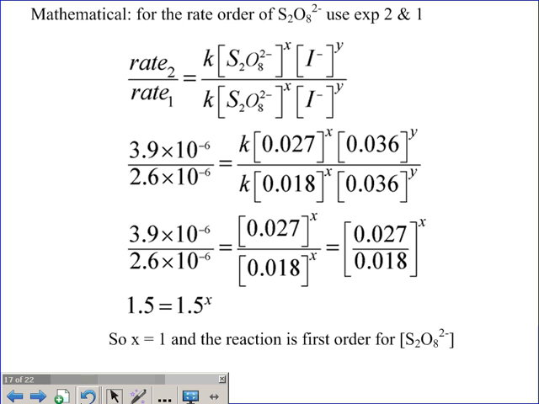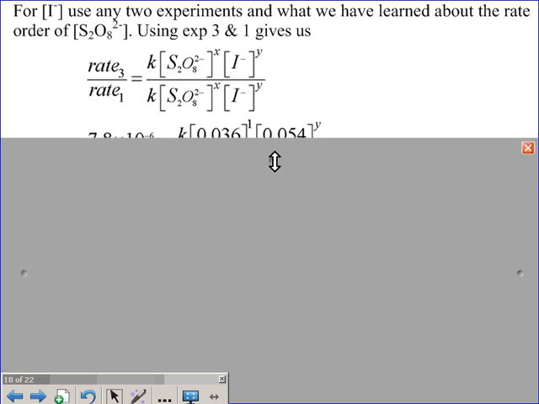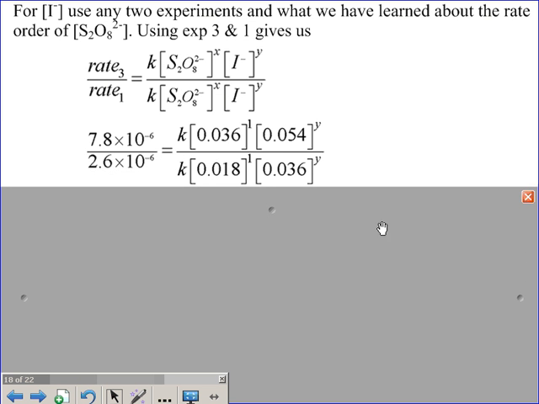Now, in order to use that effectively, I go to any 2 experiments and I put in the fact that I know it's first order. So if I use experiments 3 and 1, instead of putting an x, I can put in the 1 that I know is the rate order for peroxydisulfate.